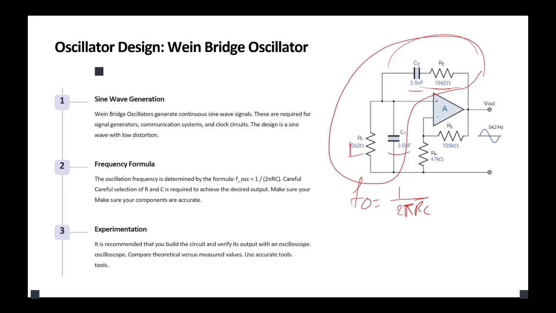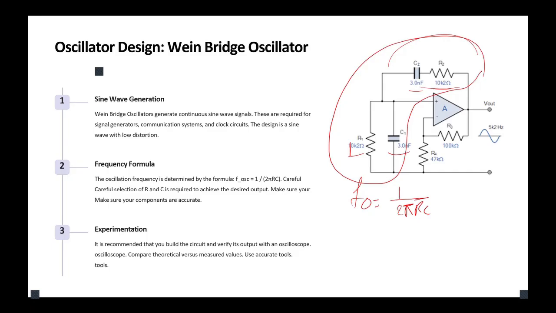Now, how it works is the input RC network, which is one resistor and one capacitor, causes a phase lead, so the signal shifts forward. Now the feedback RC network causes a phase lag, so the signal shifts back.